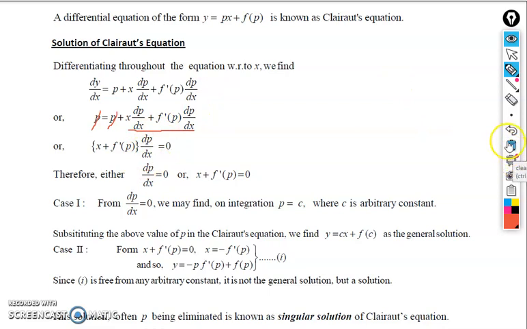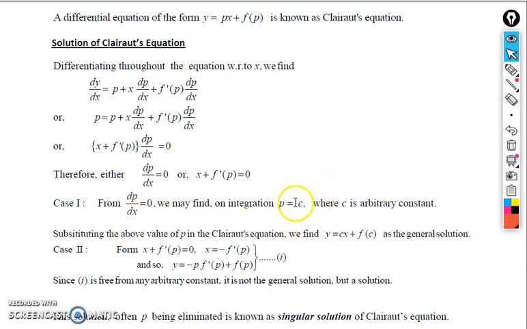When it's a product of two quantities, then either this one is 0 or that one is 0. If we consider dp/dx equals 0, then there are two different cases. Case 1: when we consider dp/dx equals 0, then p becomes a constant.